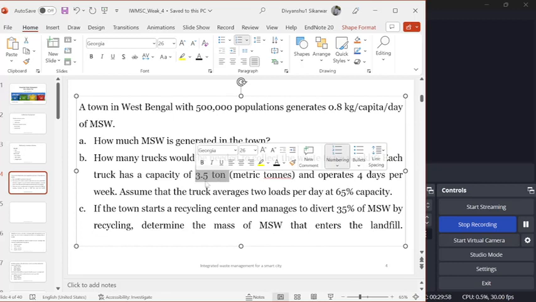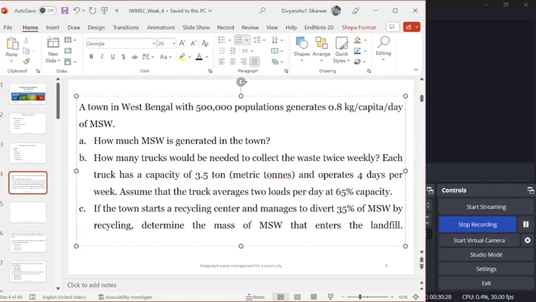The actual capacity of the truck is 3.5 metric tons, which is around 3,500 kgs. So 0.65 into 3500 gives us how much waste a truck can carry in one trip, which is equal to 2275 kgs. Now we have how much a truck can carry in a single trip.